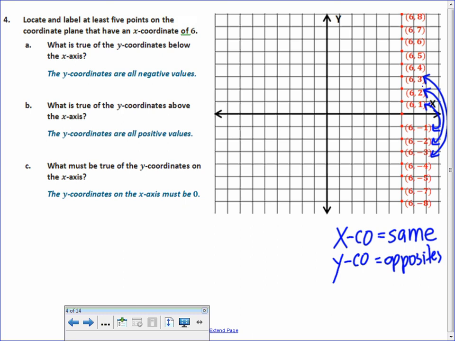So when our x coordinate is the same, if we look at this one and we look at that point, it's almost like it flipped over what? It's the same distance from what? Everybody?